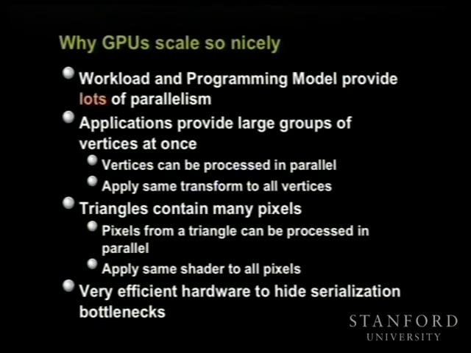So again, I've alluded to this. GPUs and graphics are parallel because they've chosen the right programming model and the right abstraction, which is that the programmer works on one element at a time, whether that's one pixel, one triangle, one vertex, it doesn't matter. Different stages, what that one element is will differ, hence the naming, but it's always just one thing.